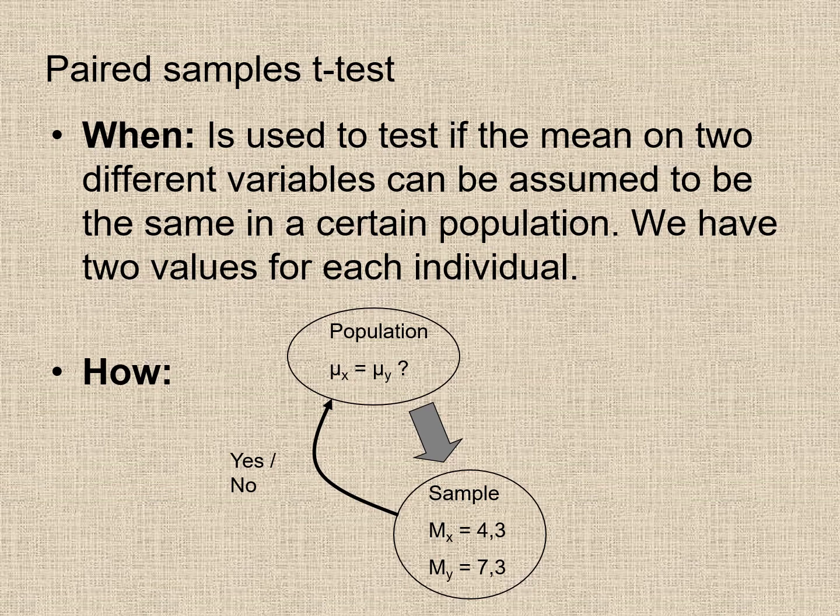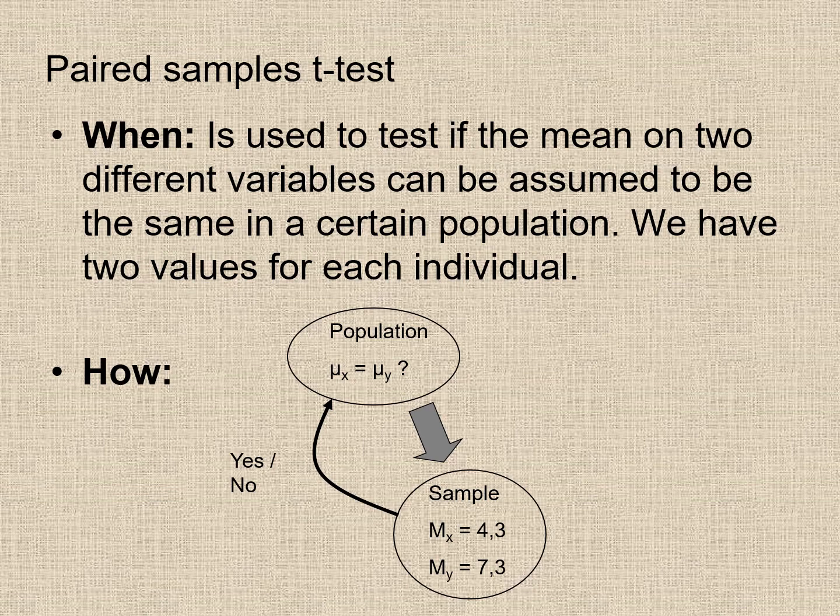So the difference here is that we have one sample, but we have two values per individual. And of course, you can calculate the paired samples t-test for whatever variables you wish. You can test if people are equally tall in centimeters as they weigh in kilos, and you will hopefully get the result that people can be assumed to be taller in centimeters than they weigh in kilos.